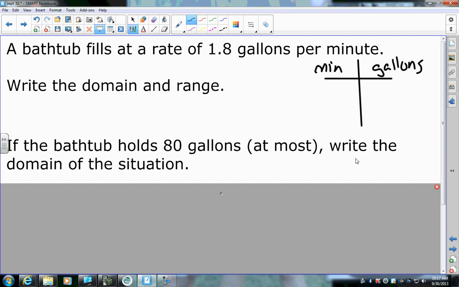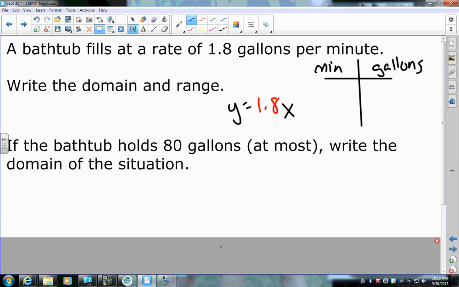Okay? So right here, first off, I've got Y equals, my rate of change is 1.8, and I'm going to take it times my number of minutes. Now it says to write the domain of the situation.